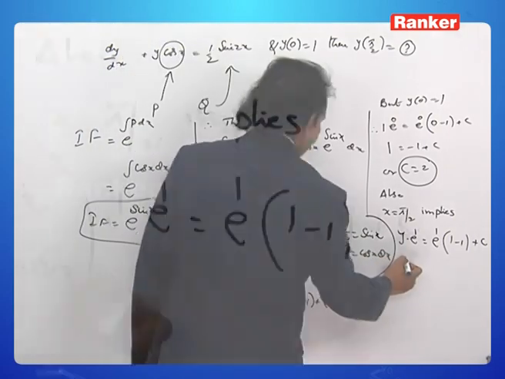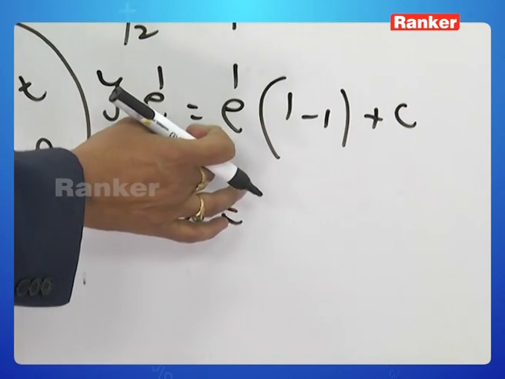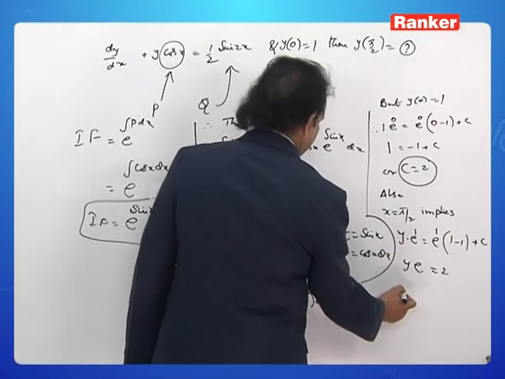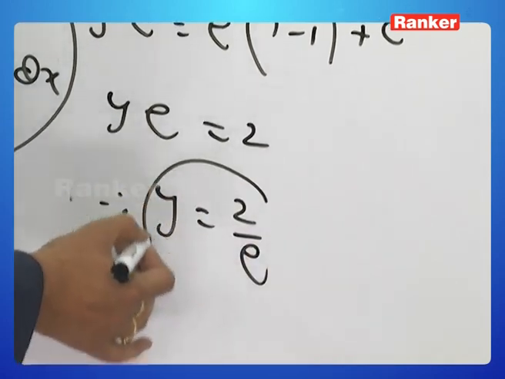Therefore, y into e is equal to 1 minus 1 is 0, 0 into e is 0 plus c is 2. Therefore, y is equal to 2 by e.